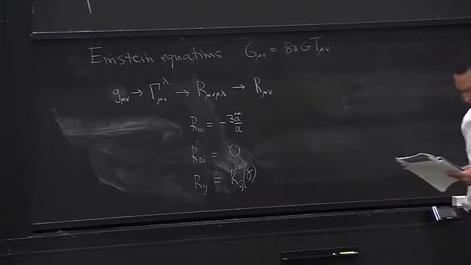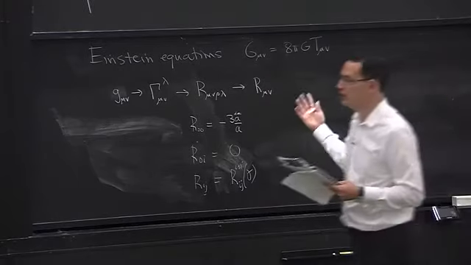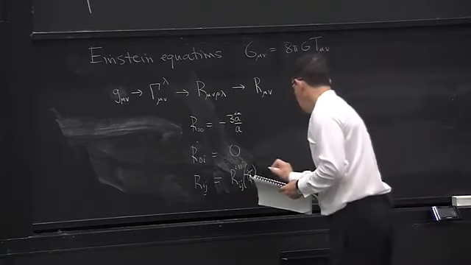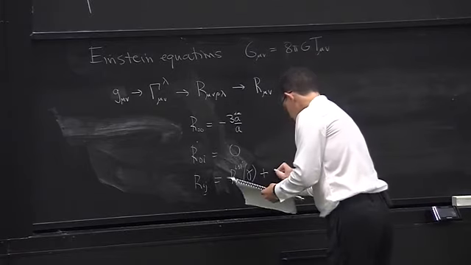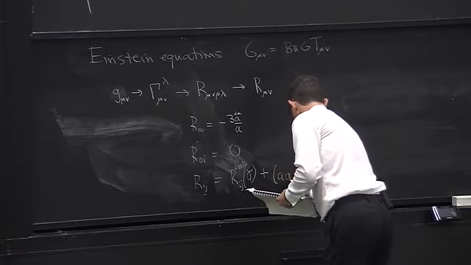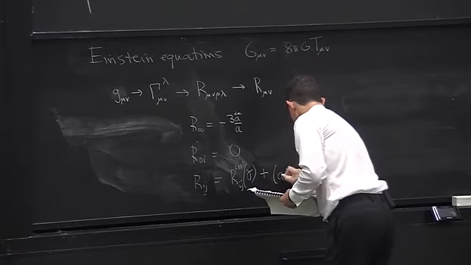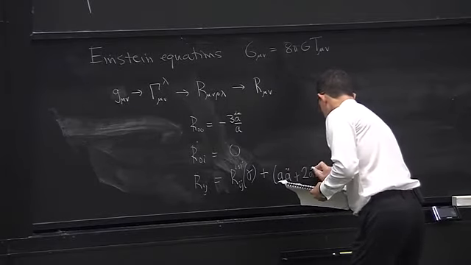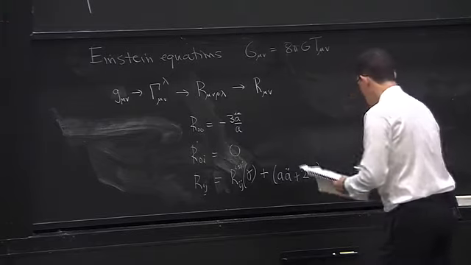So it's just the Ricci curvature for a sphere, flat space, or hyperbolic space, plus some other second derivative terms, (A double dot plus 2A dot squared) times gamma ij.